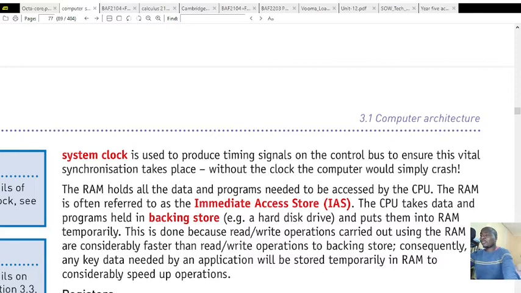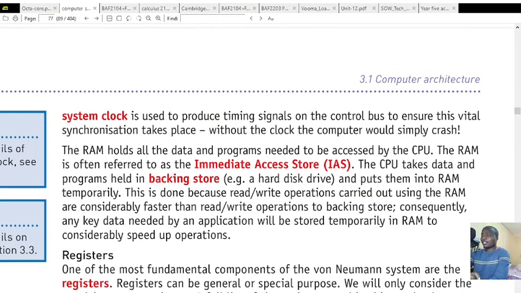One of the most fundamental components of a von Neumann system are the registers, which are also normally general purpose and special types of registers or memories within the microprocessor. So we are just going to look at the major registers that are there and their functions.